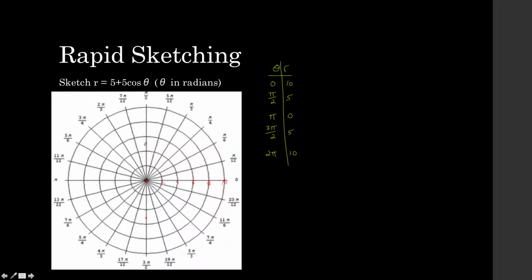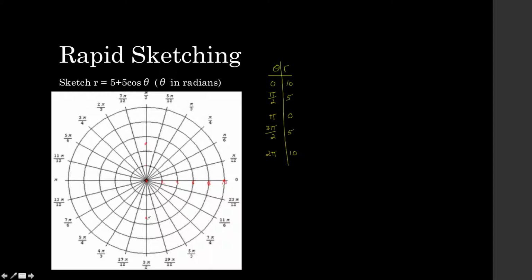Okay? Excuse me. Pi over 2 to pi is decreasing. And if you go from pi to 3 pi over 2, we would actually say that it's increasing.